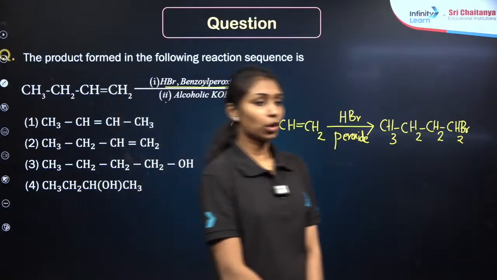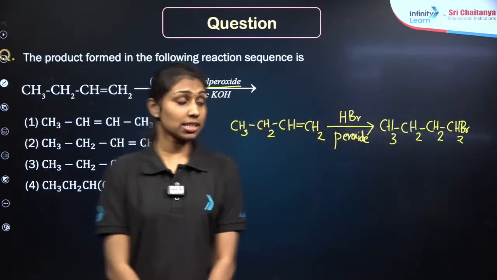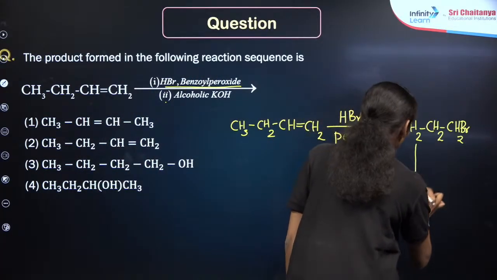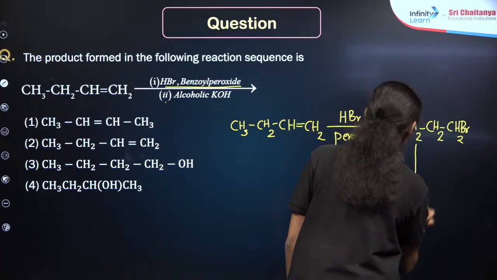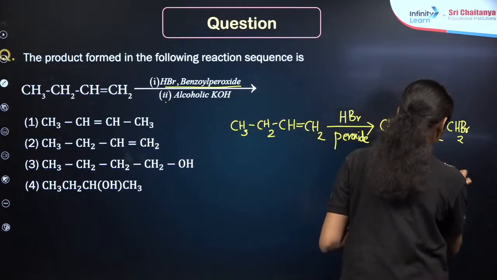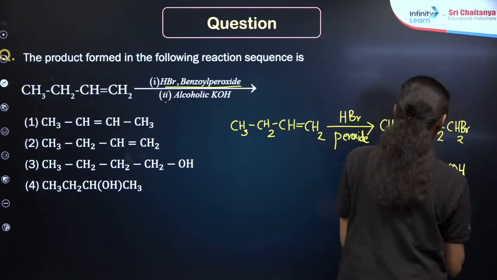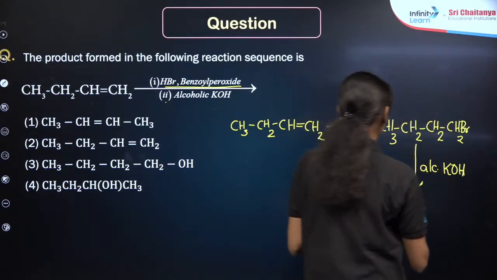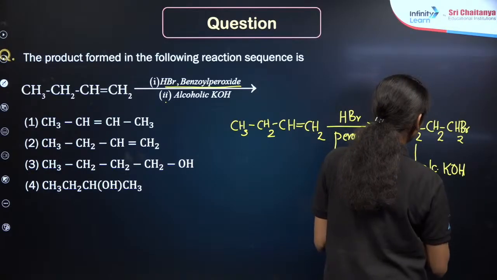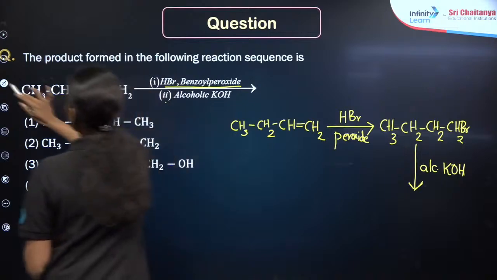Okay, this will be the product, right? According to the anti-Markovnikov addition, we will get the product as 1-bromobutane. We have already studied the preparation methods from the alkyl halide. If you are doing the alcoholic KOH on the alkyl halide, what you are observing here is dehydrohalogenation. Here we are observing the Zaitsev rule.